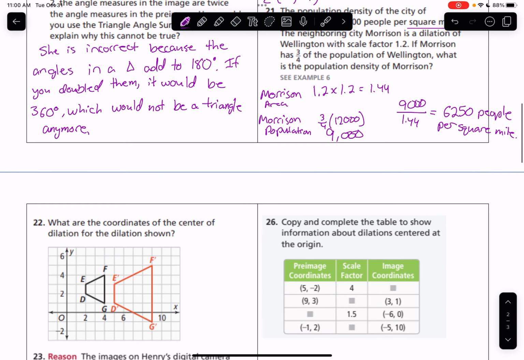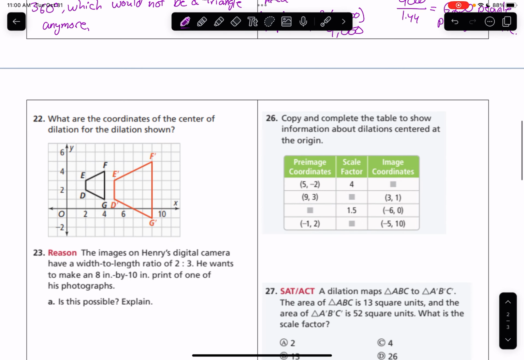All right. Number 22, what are the coordinates of the center of dilation for the dilation shown? All right, we can do this a few different ways. What I notice here is if I'm going from E prime to E, I go 3 spaces.